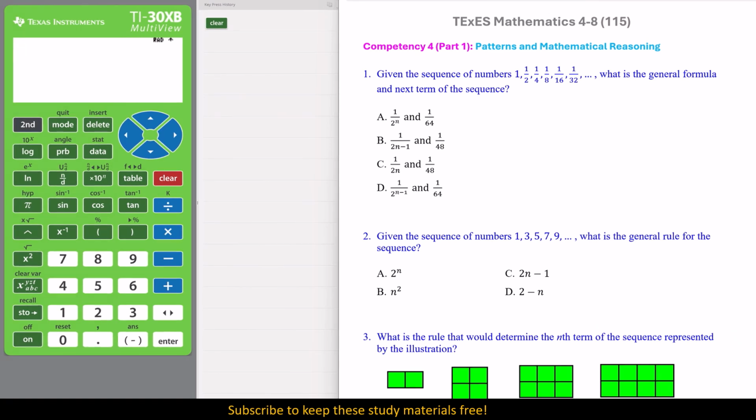Number 1. Given the sequence of numbers 1, 1/2, 1/4, 1/8, 1/16, and 1/32, what is the general formula and next term of the sequence? Okay, for this particular situation, don't think of the formulas that I gave you prior.